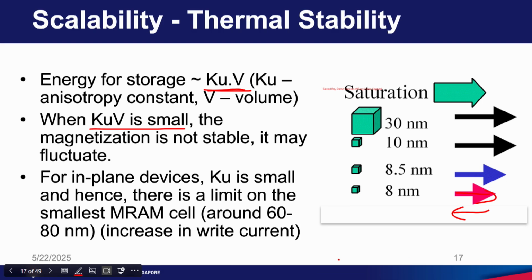Okay. So, this phenomenon happened in the magnetic recording. For in plane MRAM, usually we are using cobalt iron boron, which has a low anisotropy constant. So, the Ku itself is small. So, the volume cannot be much smaller.